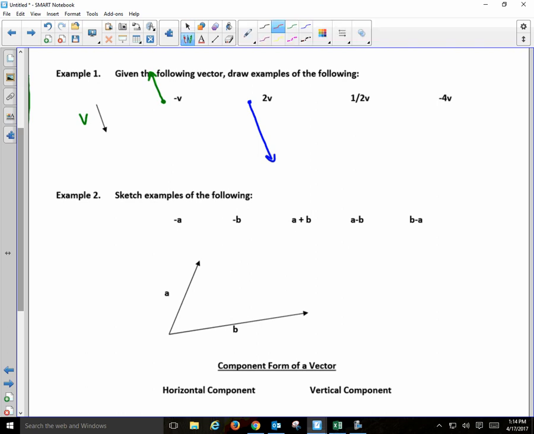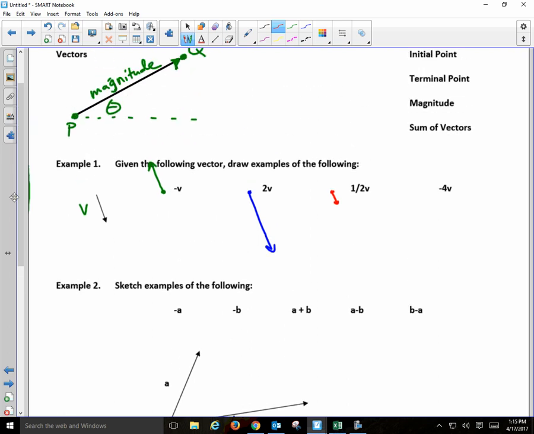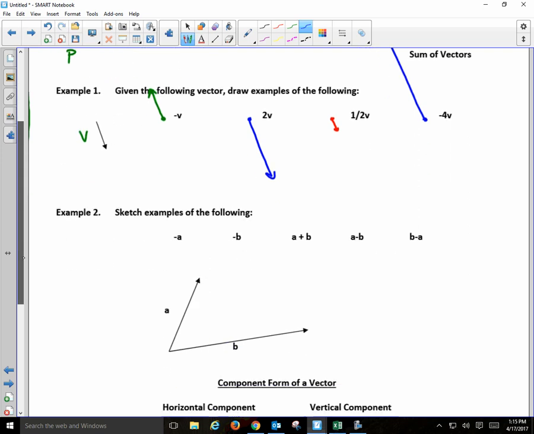One half v is a vector with half the length. Negative 4v, what would that look like? Yep, 4 times the distance in the opposite direction. Okay. So those are examples of drawing vectors that relate to a starting one.